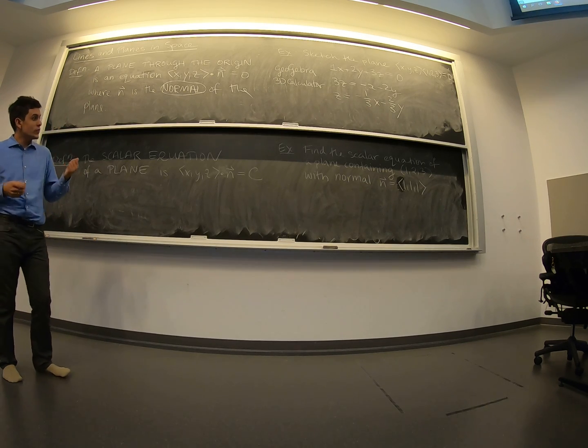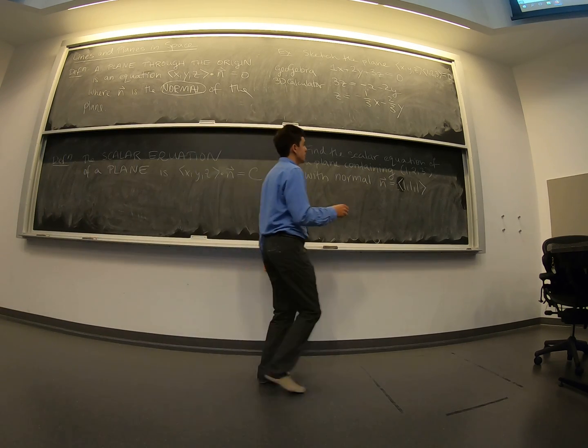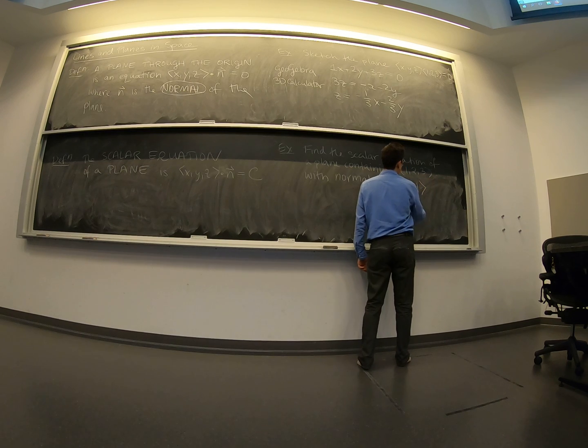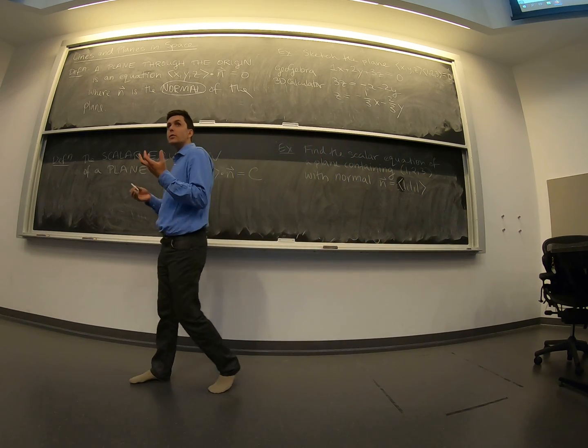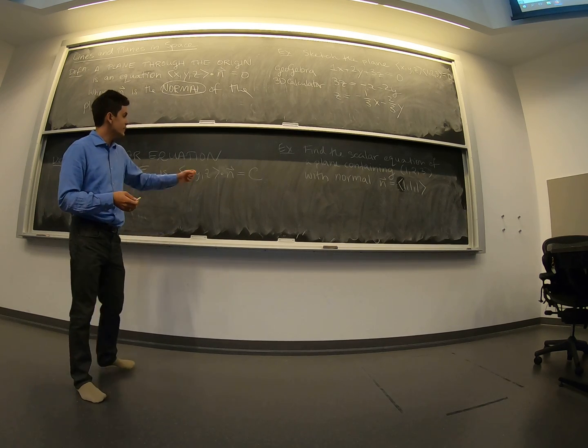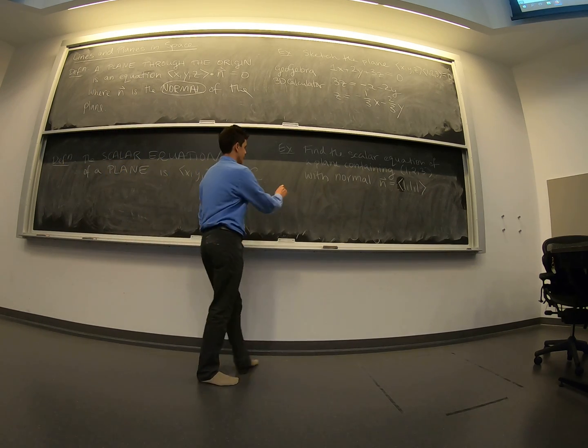Okay, so here we've got a point on our plane. We've got a normal. So the only thing that we're missing is the value of c. Okay, so we'll find the value of c here.